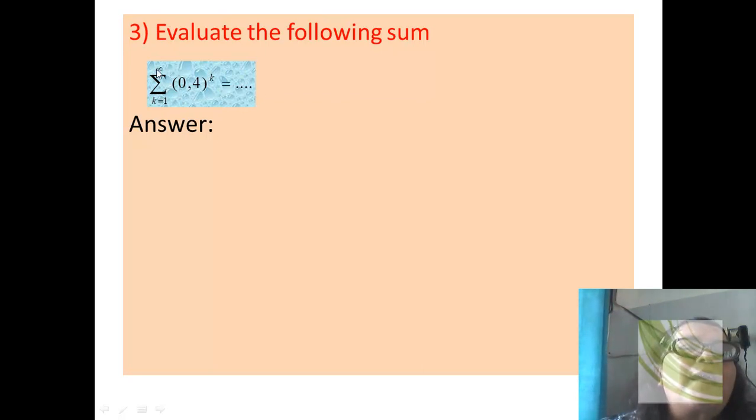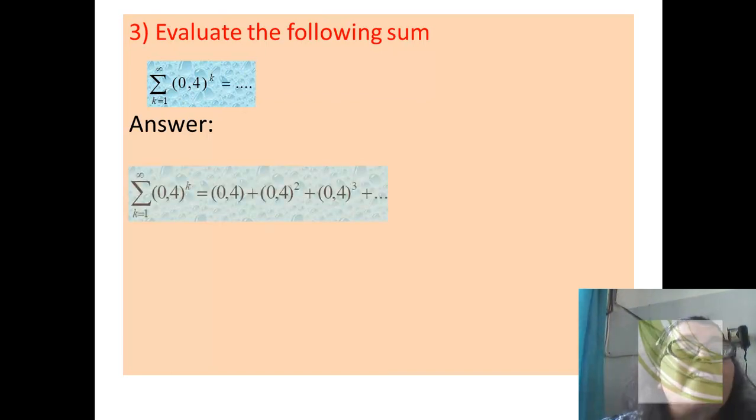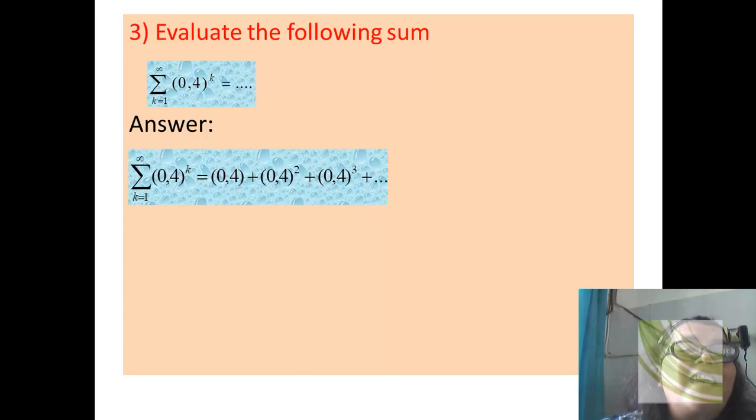This is the symbol of sum. The symbol sigma means the sum. So we can write it like this: 0.4 to the power k, from 1 until the biggest.